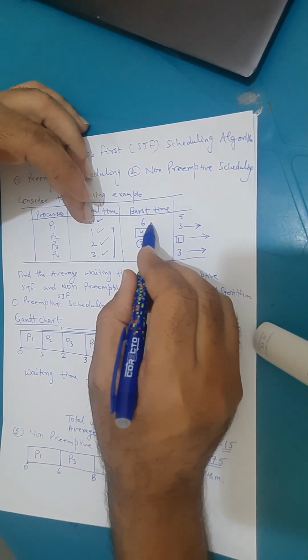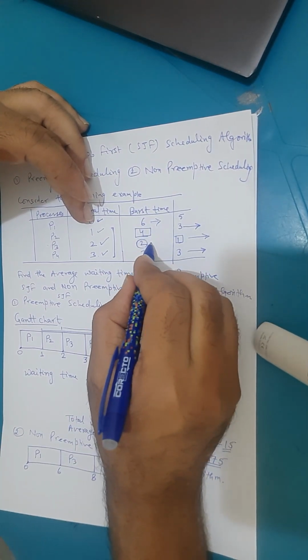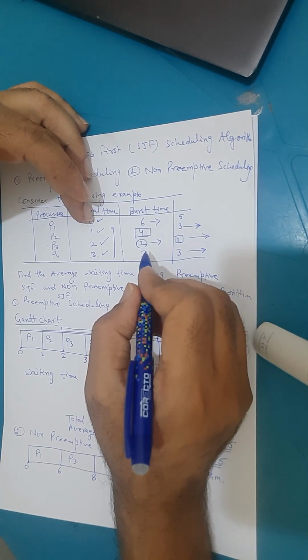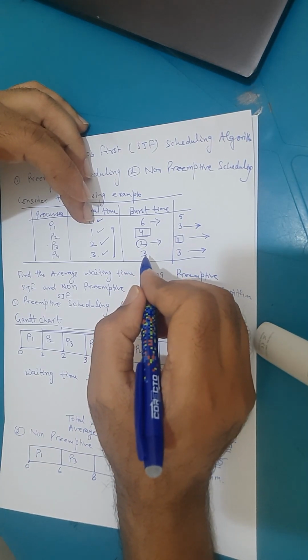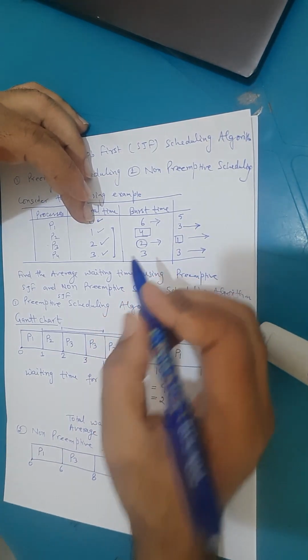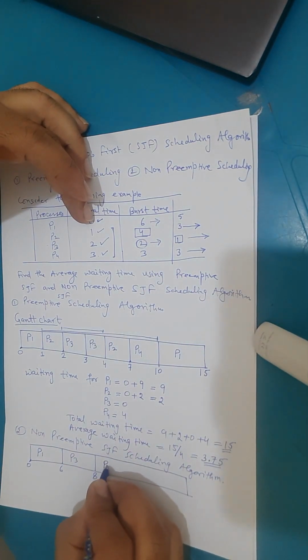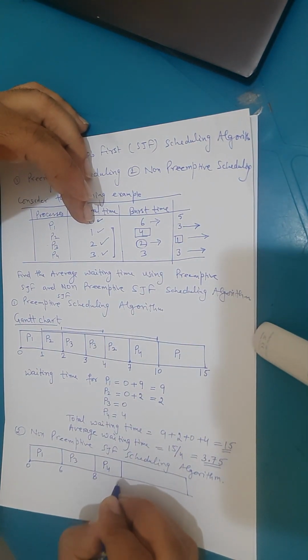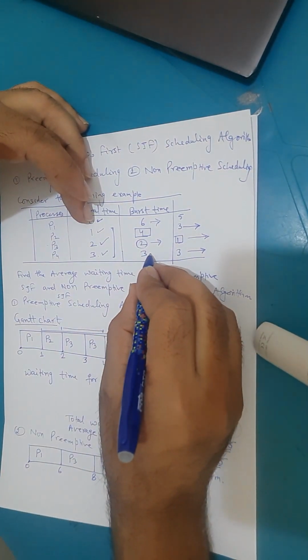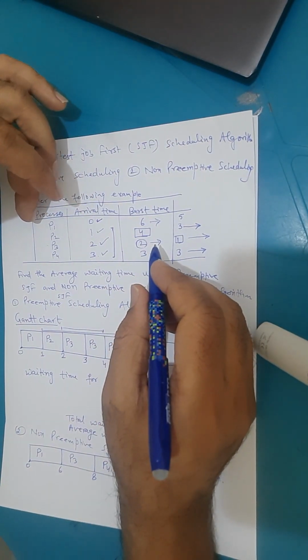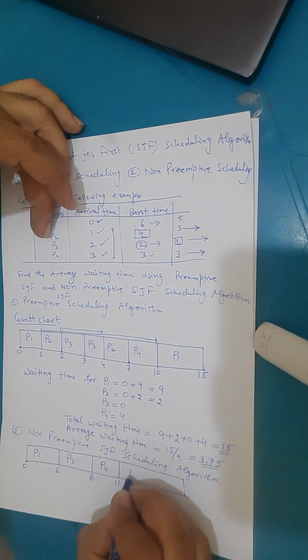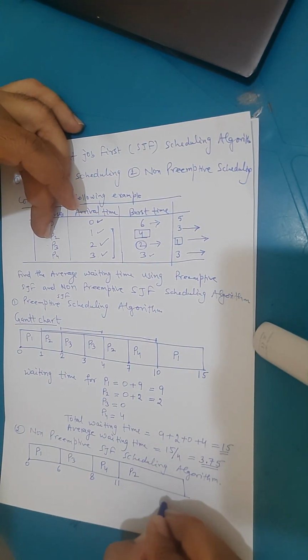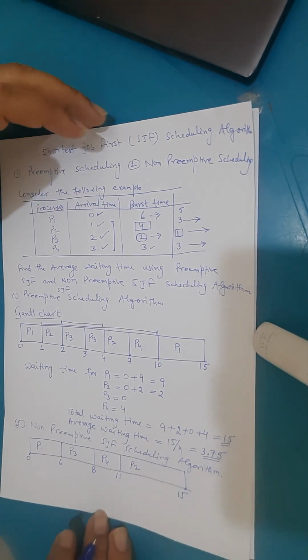So P1 exits from the system and P3 exits from the system. So there are 2 processes, P2 and P4. P4 has the smallest burst time. So P4 will execute now. Okay, so P4 will execute up to 11, right? Now P2 will execute from 11 to 15. Clear?